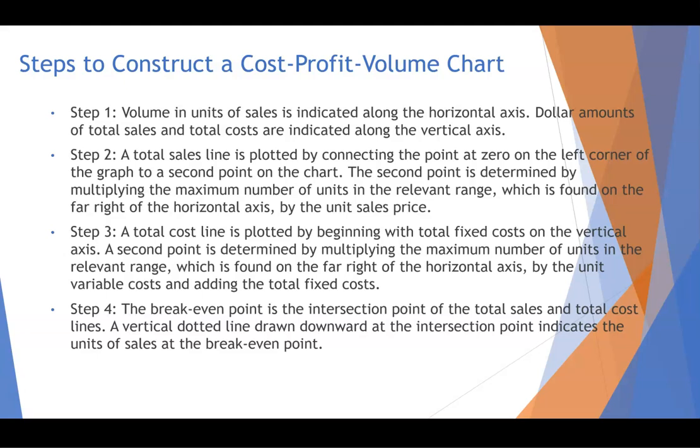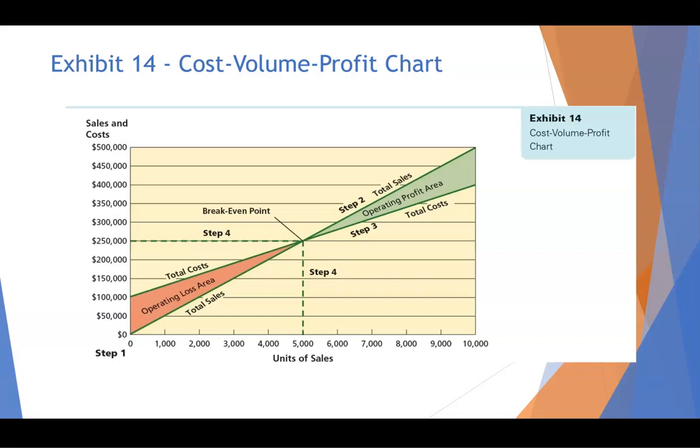We'll find the second point by multiplying the maximum number of units in the relevant range, way over to the right of the horizontal axis, by the unit variable cost, and then adding those fixed costs, and then find the break-even point.